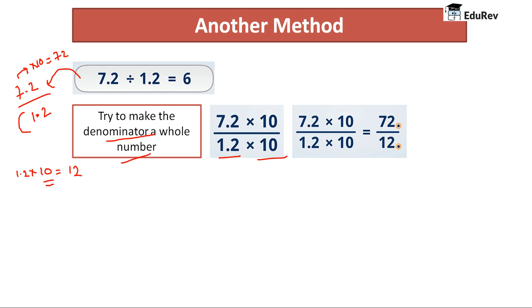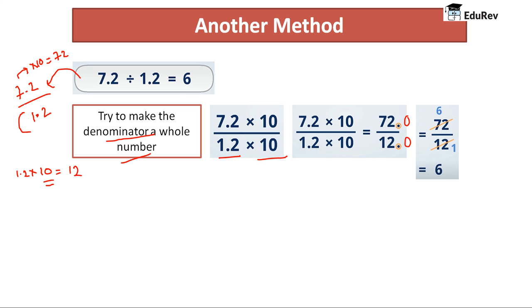So 7.2 into 10 by 1.2 into 10, it will come 72.0 and 12.0. 72.0 is equal to 72 and 12.0 is equal to 12. Now cancelling 72 by 12, the answer will be 6.